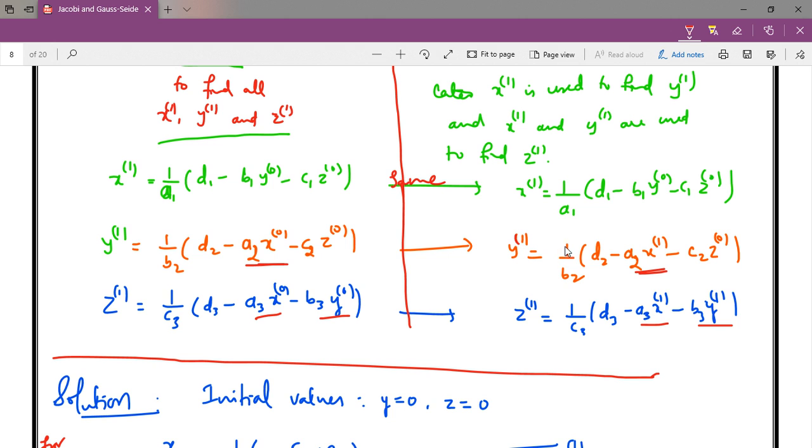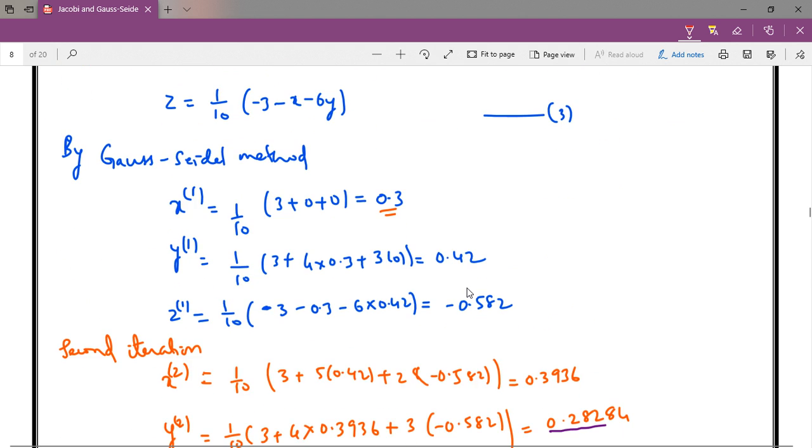While finding y1, in Jacobi iteration we still use x0, while in Gauss-Seidel we replace it by x1. Same with z1: in Jacobi iteration we use x0 and y1, while in Gauss-Seidel we use the latest x1 and y1 as initial values for z.